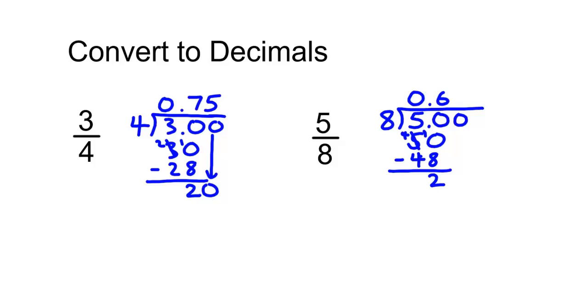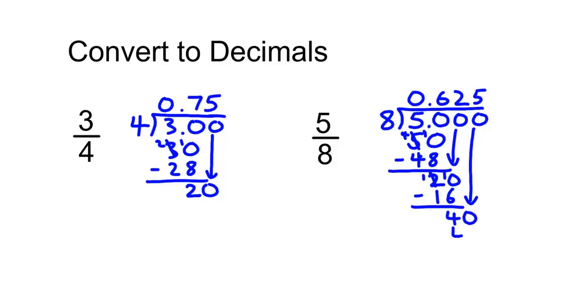Bring down another 0. 8 goes into 20 2 times. 2 times 8 is 16. 20 minus 16 is equal to 4. Bring down another 0. 8 goes into 40 5 times, which is 40, so now we're done. So 5/8 is equal to 0.625 as a decimal.